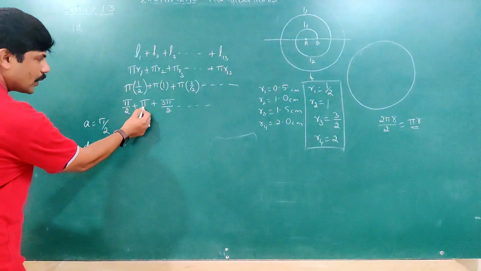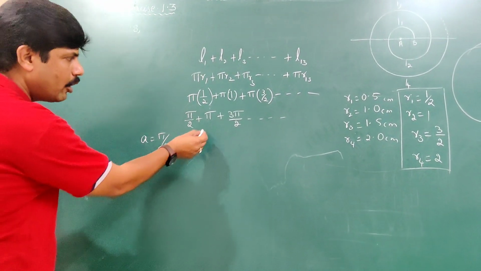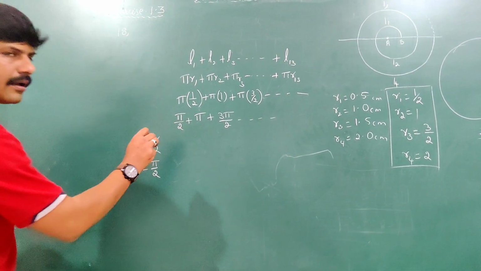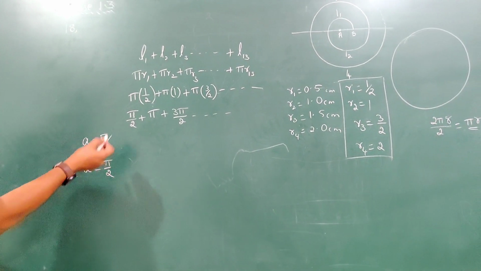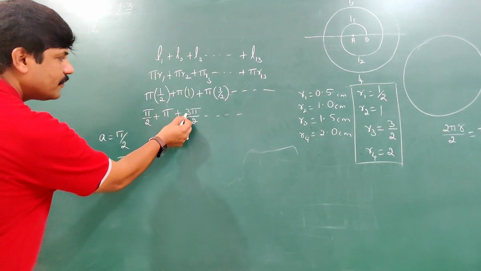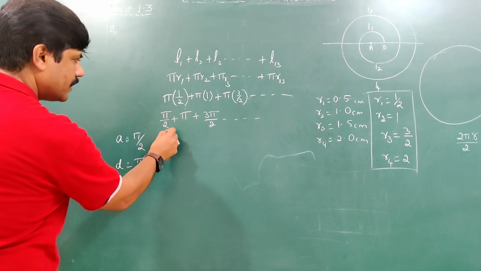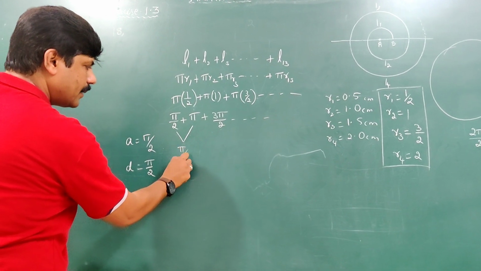The second term is 1 pi, the first term is pi by 2, half pi. 1 pi minus half pi is pi by 2. The common difference between the second term and the first term is pi by 2.